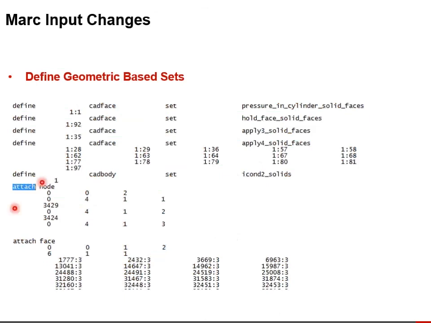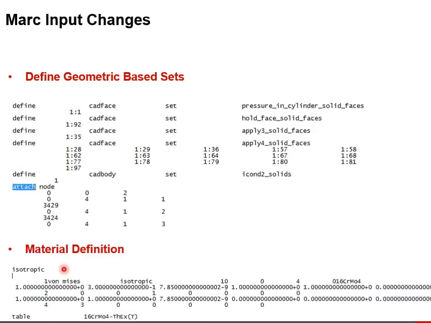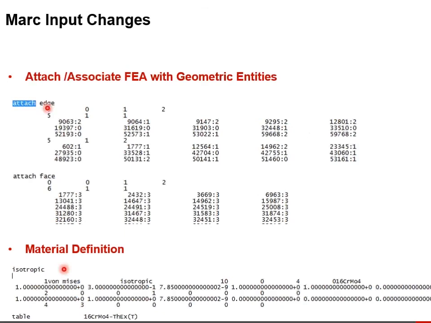And that influences the attached node because we can now have the node associated with a CAD vertex. It's used with the attached face option. It's used with the attached edge option, so we can associate finite element edges with a wire or an edge associated with a CAD body, and attached face again. So if we do all this, everything's now geometric CAD oriented.